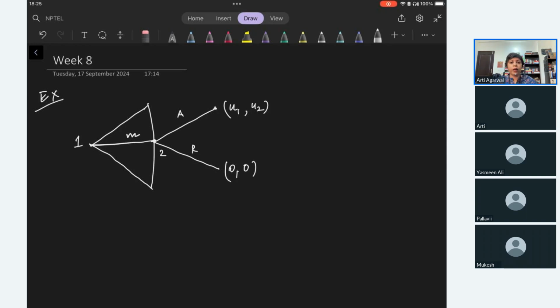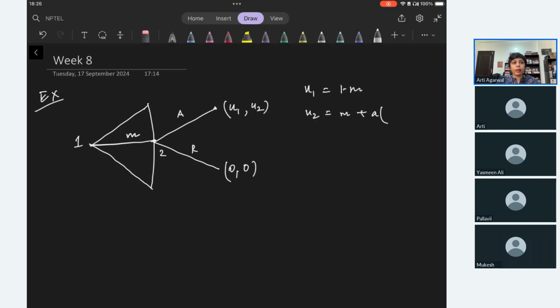Now we are going to define and write out the values of u1 and u2. u1, we are told, is as normal: u1 is 1 minus m. And u2 we are told is what? Let me open the function again. u2 is a function of this guy's payoff, which is m: m plus a into y minus z.